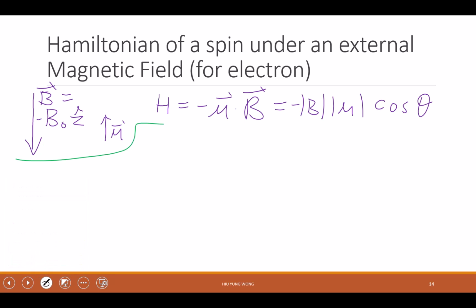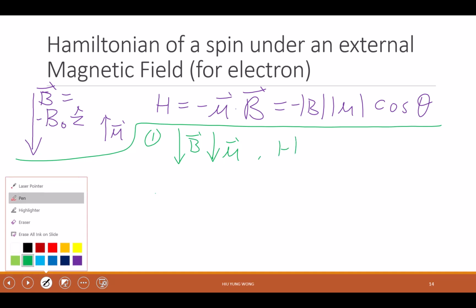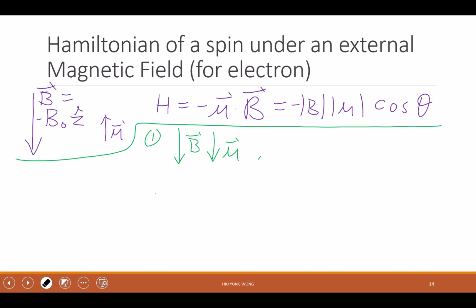Let's look at two cases. If they are parallel, let me do this. This is the magnetic field. This is the magnetic moment pointing down. What will be the energy when they are in the same direction? Is it positive or negative?